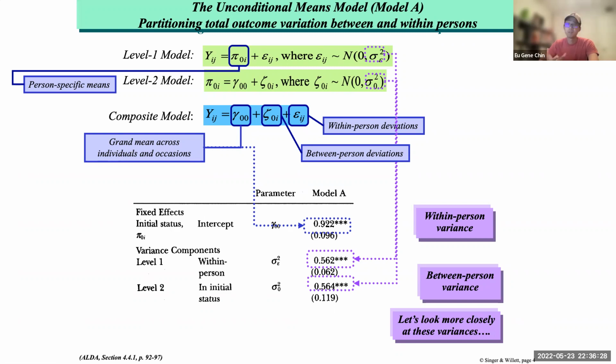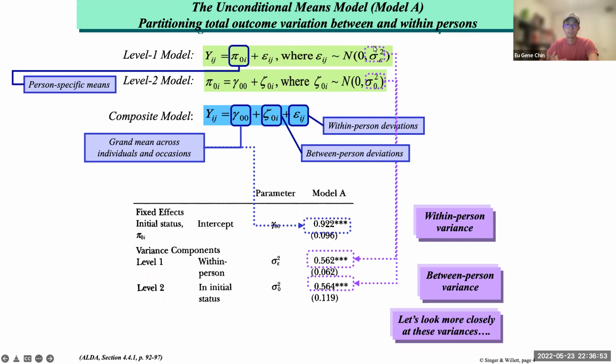So the unconditional means model basically says that the observed value of y for individual i on occasion j is composed of deviations from these means. On any particular occasion, the estimated alcohol use deviates from the individual's estimated true mean by epsilon ij.